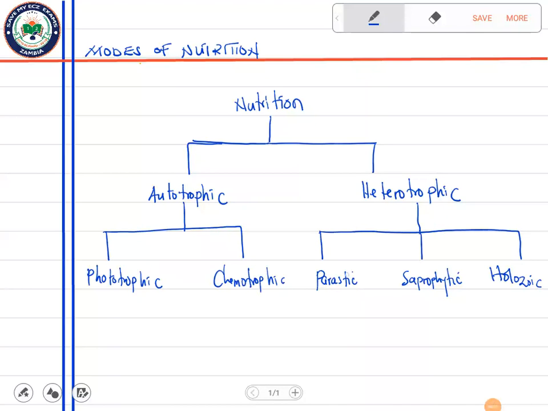So this type of heterotrophic nutrition involves a parasite, and this parasite lives and also feeds on the body of that organism. But when that parasite is living and feeding on the body of an organism, it can cause harm like death, disease, and injury.